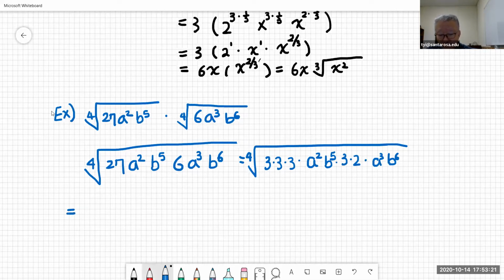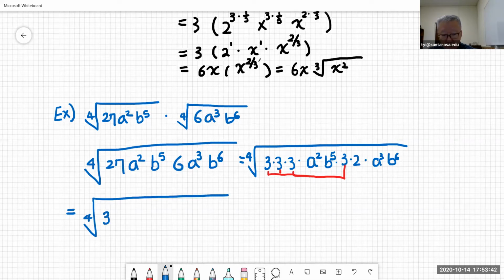So if you can see this one here, I got three 3's here, and I have another 3. So I can rewrite them as 3 to the 4th, right? So let's just do that. So I have 3 to the 4th, then we have 2 left over. Then we're going to take care of the a.